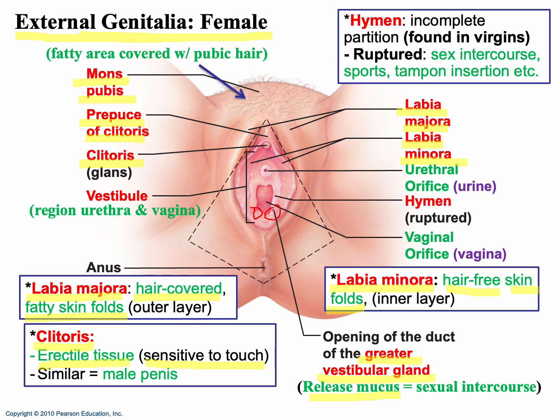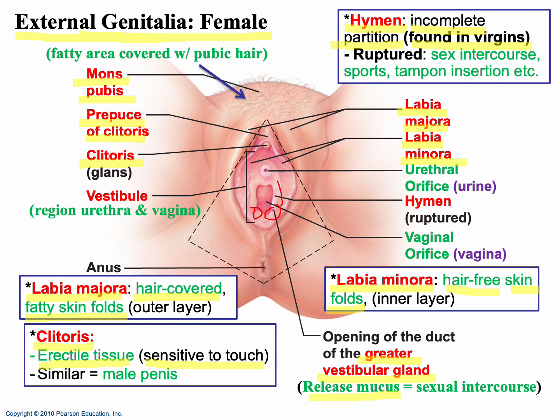Another important structure to know is what's known as the hymen. This is an incomplete partition, typically found in virgins. But during the first sexual encounter that the woman experiences, the structure will rupture as the penis goes into the vagina. So that's typically what will happen.